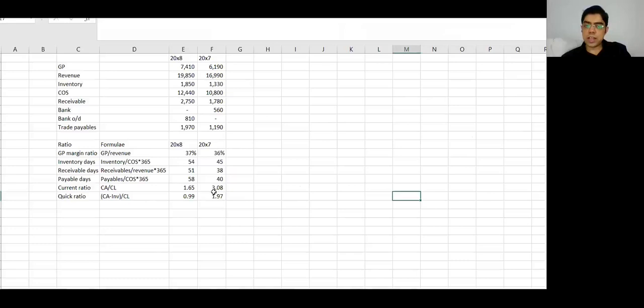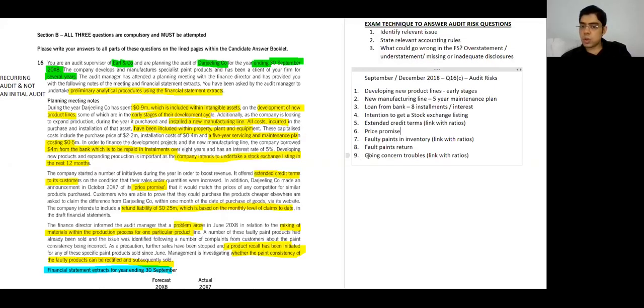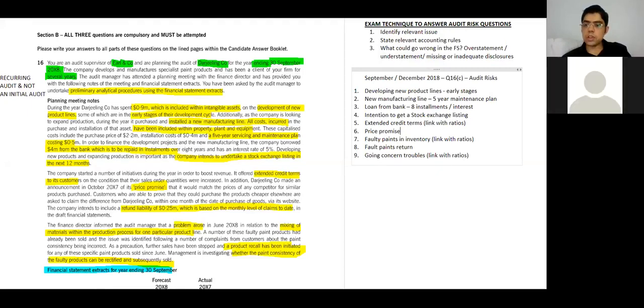Current ratio has decreased from 3.08 to 1.65. Quick ratio has reduced from 1.97 to 0.99. So all of these are depressing signs. All of these are signs of troubles. So they indicate that company may find going concern issues, may find it difficult to continue in operational existence, right?